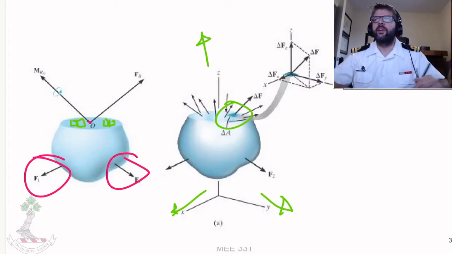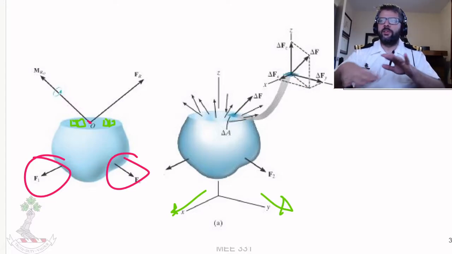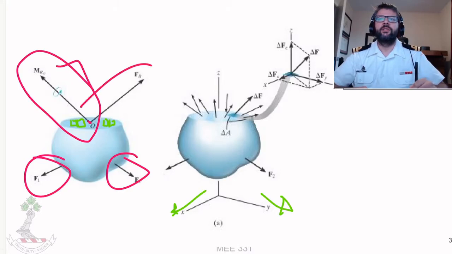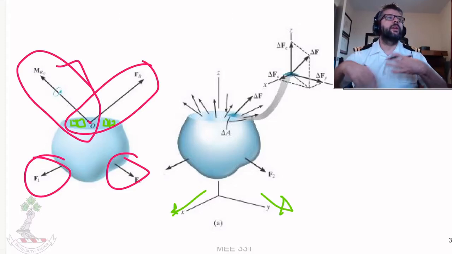And then essentially, we've got these tiny little cubes, and basically what happens is that we just kind of need to add up the net sum of the forces on those tiny little cubes, and when we do so, the total result that we're going to get is this moment and this force. So of course we do that by integrating.